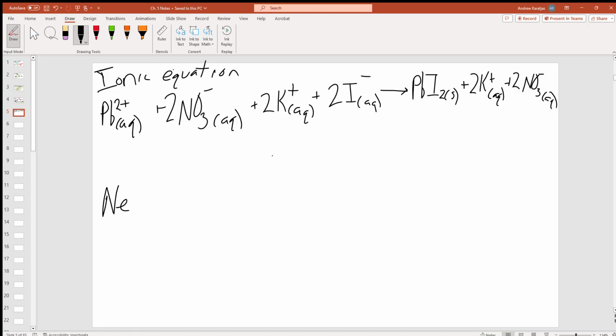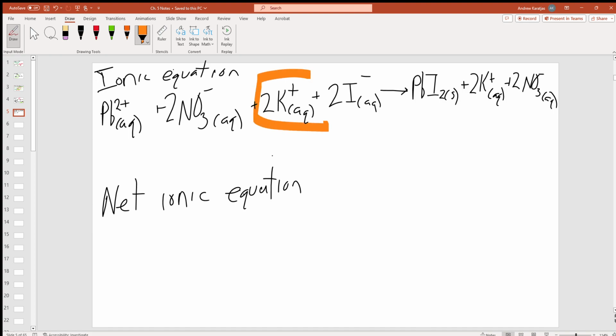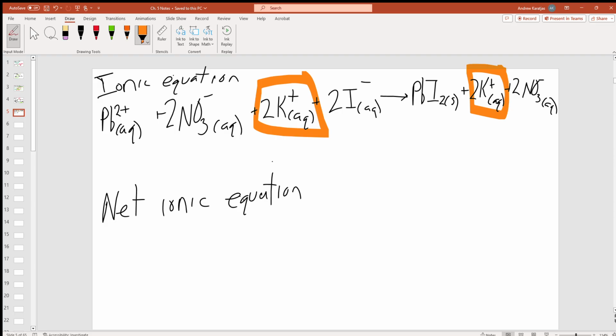The last one is the net ionic equation. And it comes from some things that we may have already noticed in our ionic equation. And that is this potassium plus is the same on both sides.